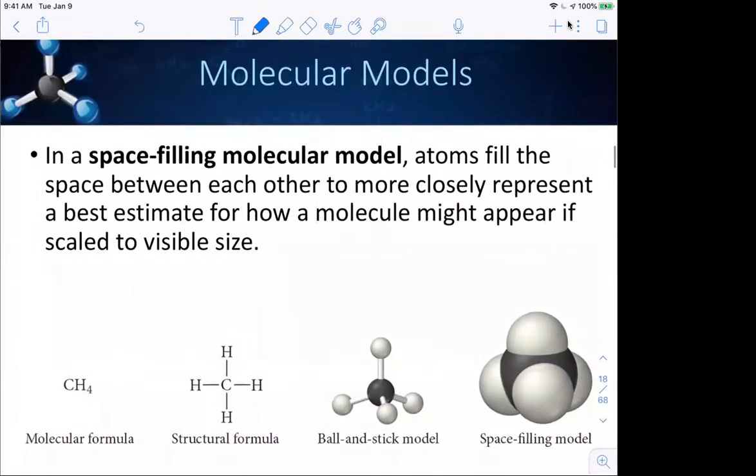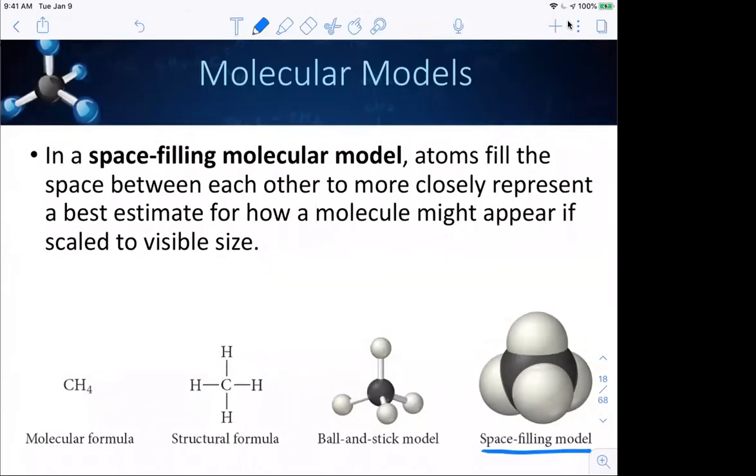There's also space-filling molecular models, which is designated here. That is going to more closely represent the best estimate for how a molecule might appear if it's scaled to size.